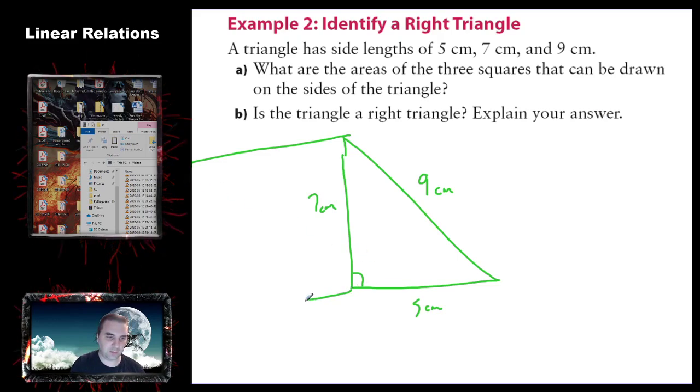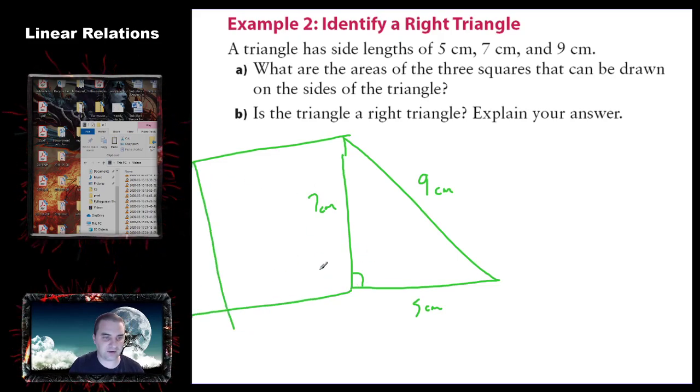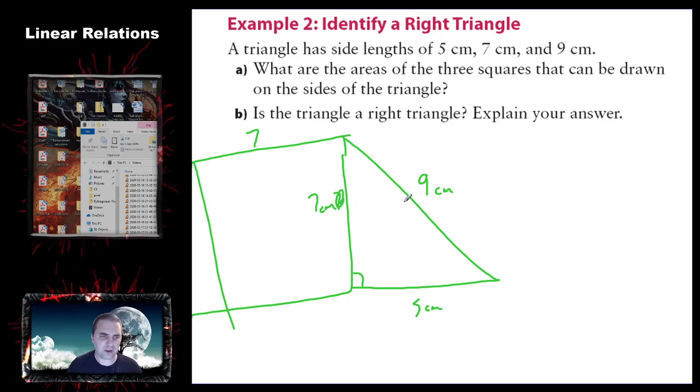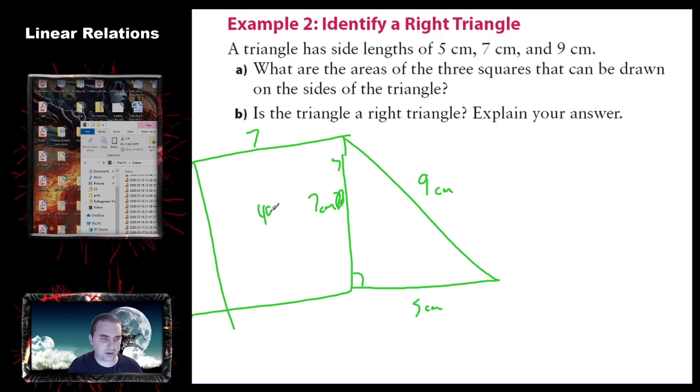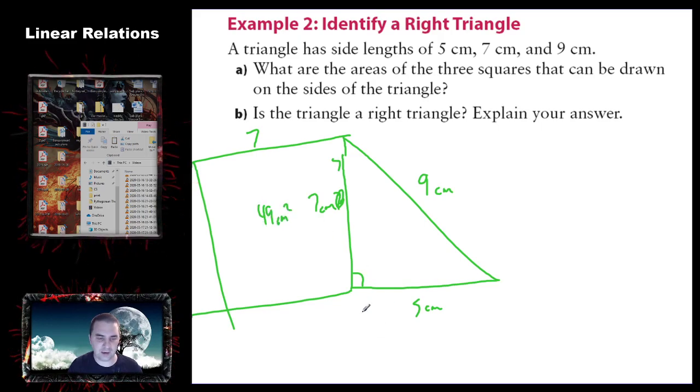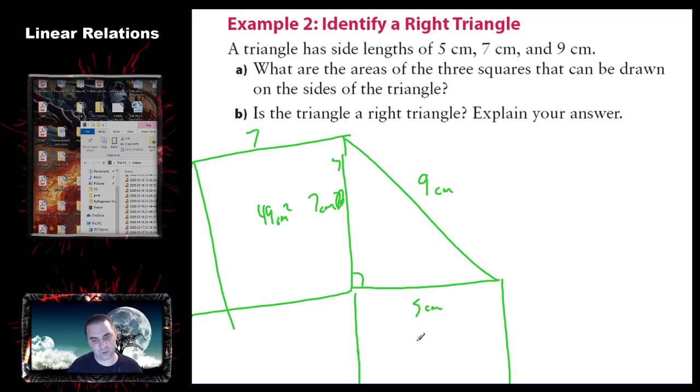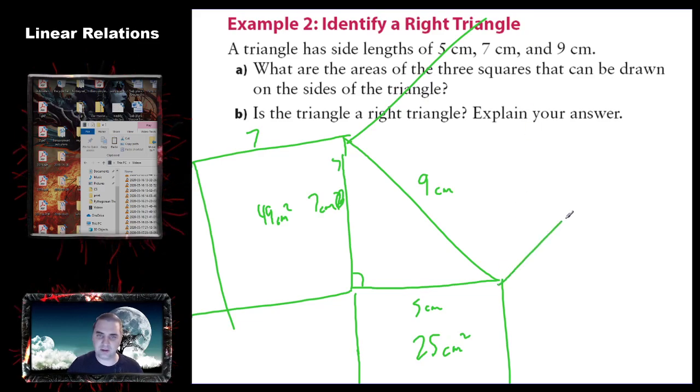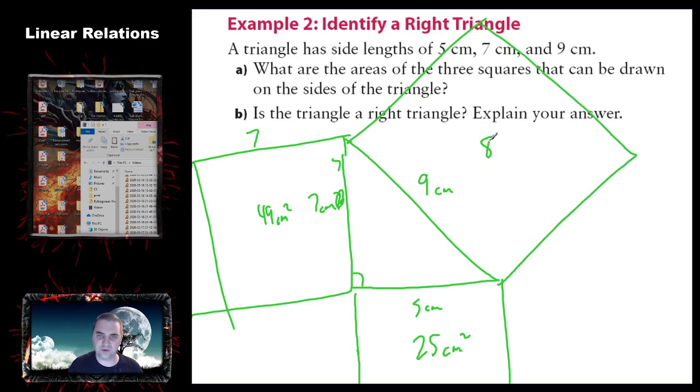So if I make a square out of this, it's a 7 by 7 square. What a messy drawing here. All right, 7 times 7 is 49. So the area would be 49 centimeters squared. The area of this square would be 5 squared, which is 25 centimeters squared. And this one is 9 squared, which is 81 centimeters squared.